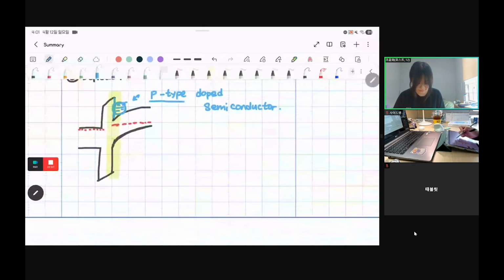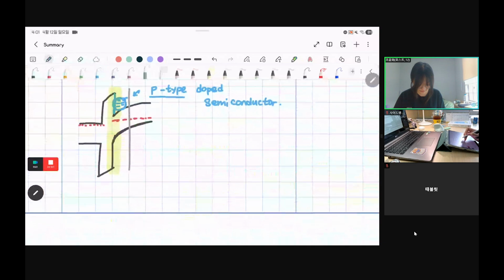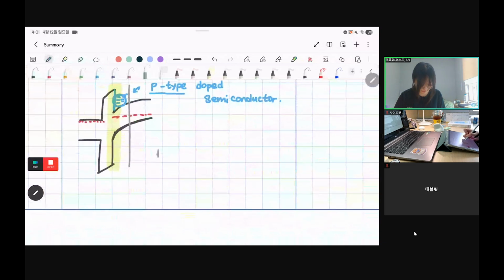And in the p-n junction class, we already learned about the depletion region.